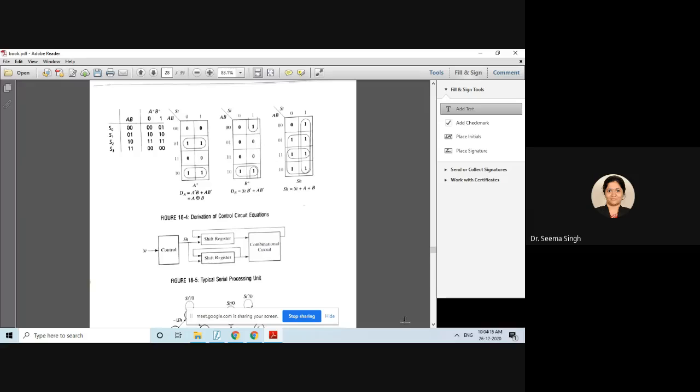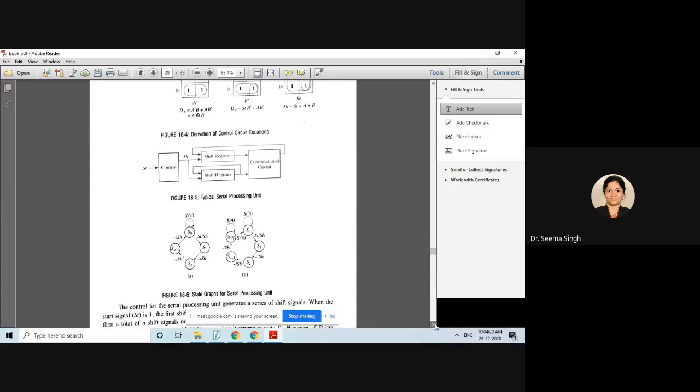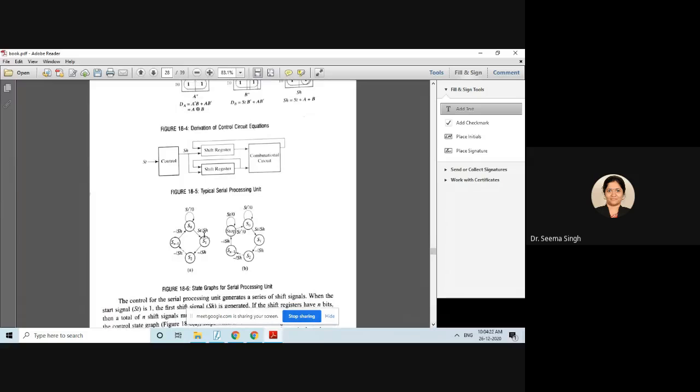One more thing you have to understand here. This is a state graph of an n-bit circuit. You saw the state graph of 4-bit. What if I have an n-bit addition? How is it done? You can see here, S0 to S1, no change. S1 to S2, no change. But from S2 to Sn minus 1, you can see a dotted line here.